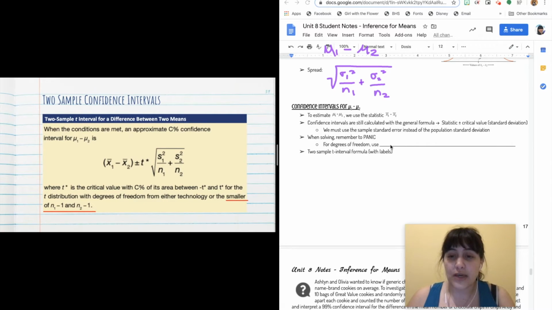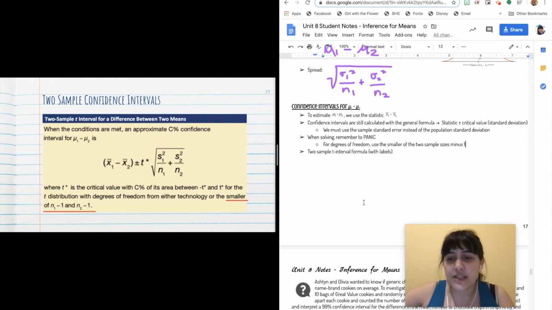So for degrees of freedom, you will always use the smaller of the two sample sizes minus 1. That's what this says over here that I have underlined in red for you. So the smaller of n1 minus 1 or n2 minus 1. You don't add them together, don't multiply them together, just pick one, and it's the smallest of the two.